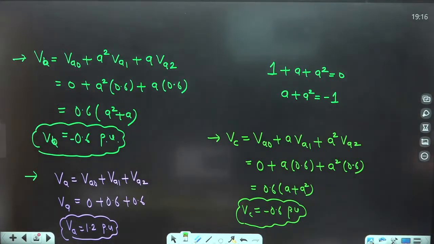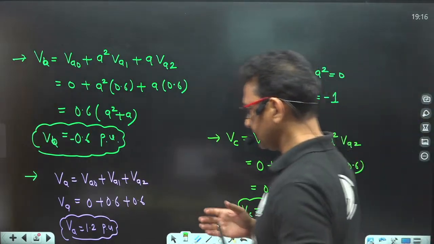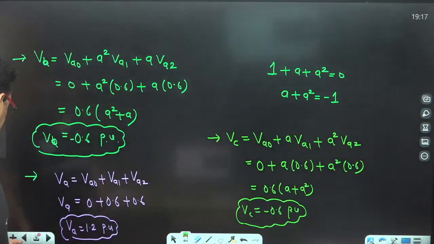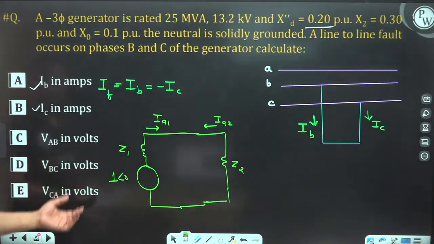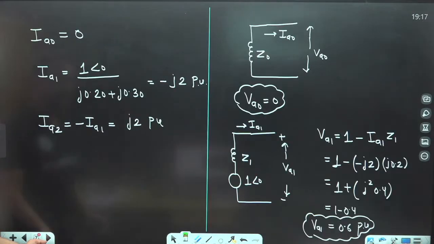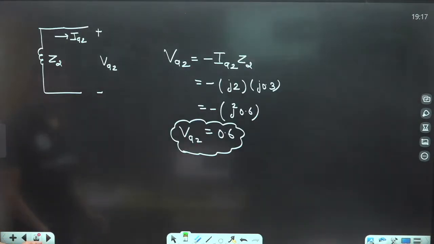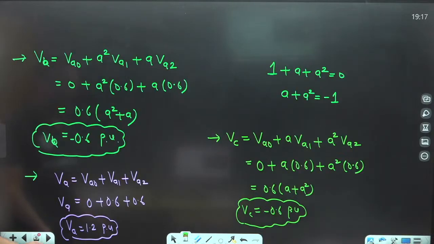Now we will find out the values of VAB, VBC and VCA. First, I will find the values in terms of pu quantity, then I will convert them into actual quantities.